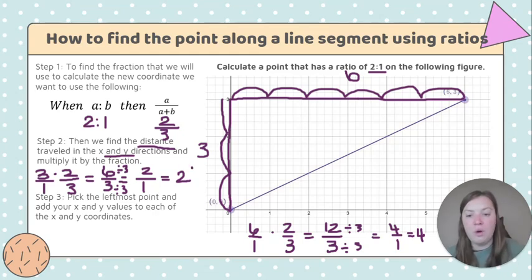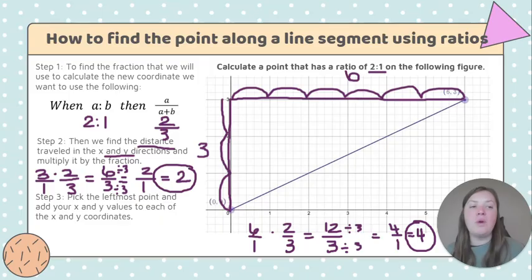Okay, so we have what we're going to be increasing our y value and what we're going to be increasing our x value by. So let's talk about what I mean by this. In this case here, I am going to pick my leftmost point. My leftmost point when I'm reading from left to right is going to be 0, 0, right?